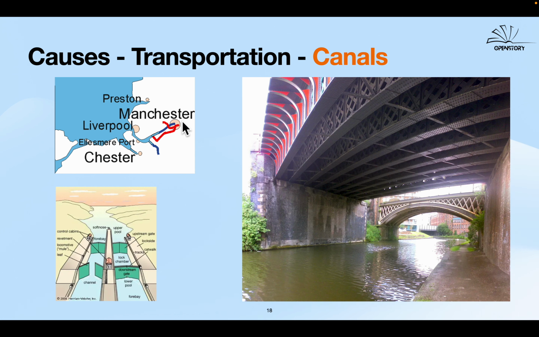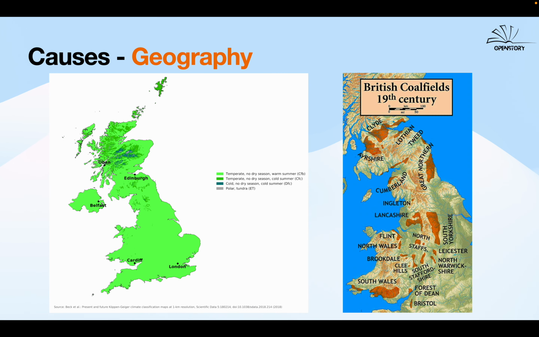Transport costs plummeted, shareholders made money, and workers got steady jobs. Engineers solved tough problems like locks and tricky terrain, and the know-how they gained became the foundation for railway building later on.